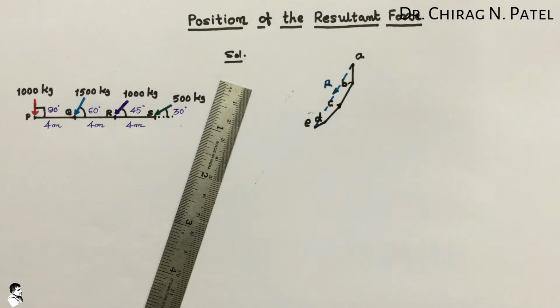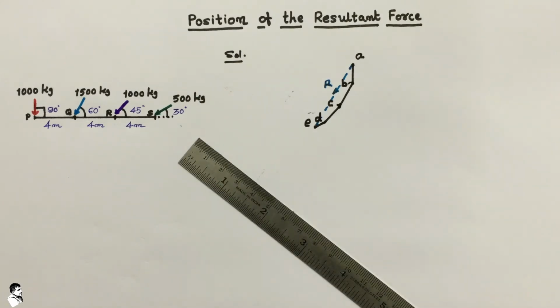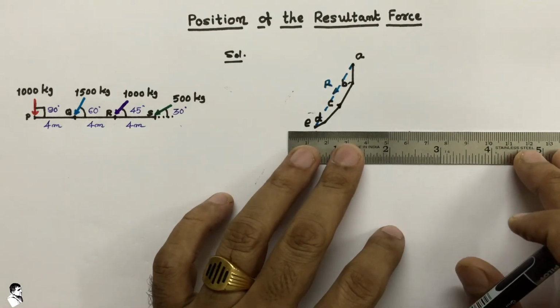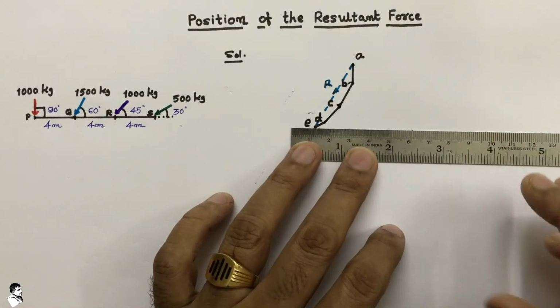Now after that we take one point called point O, which we can take at any location.